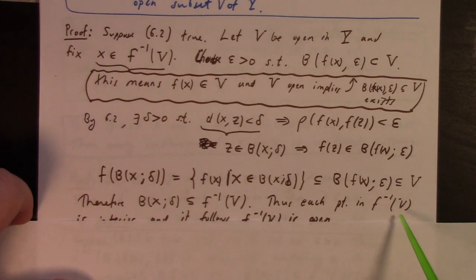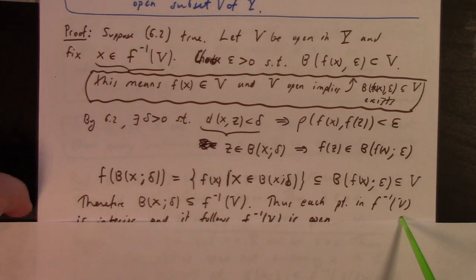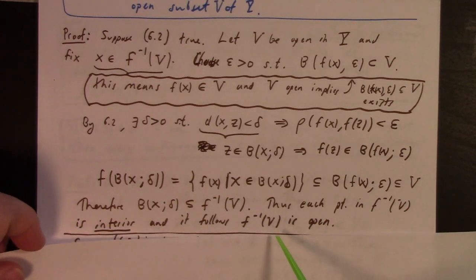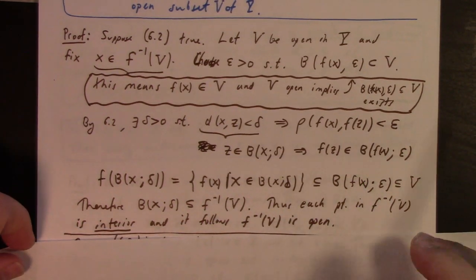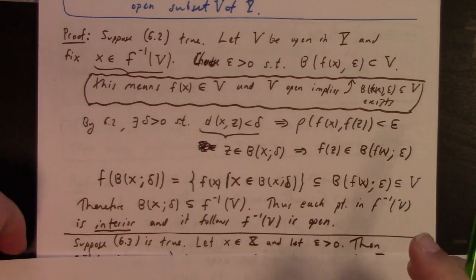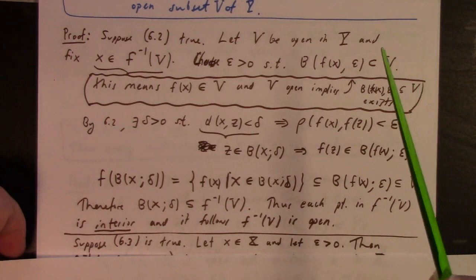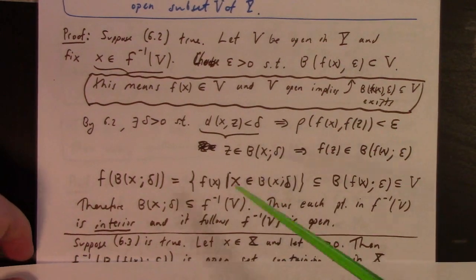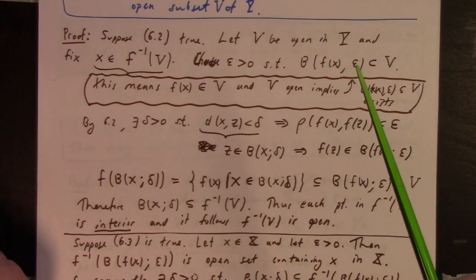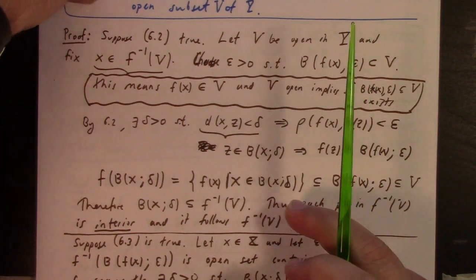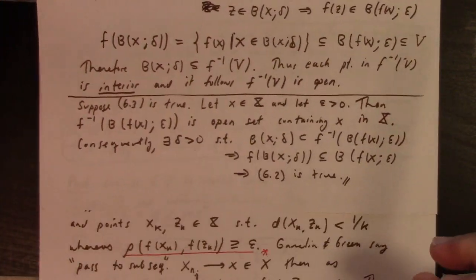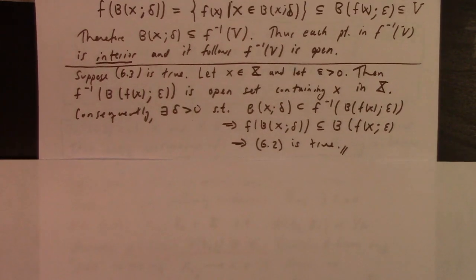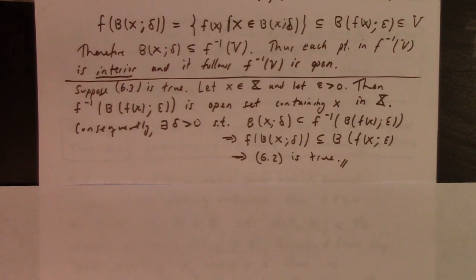And so each point in the inverse image of V is contained in an open ball, which is to say it's interior, and it follows that the inverse image of V under f is open. So that is to say that 6.2 implies 6.3. And then if we can show 6.3 implies 6.2, or 6.3 implies 6.1, we'd be done. I think that the proof here is to show that 6.3 implies 6.2.